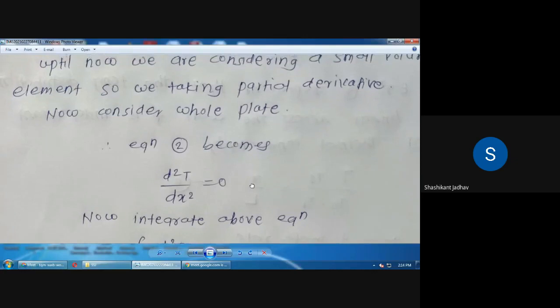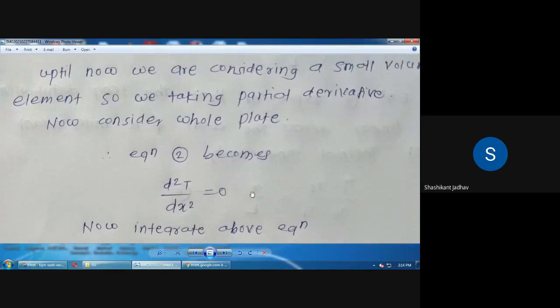Now integrate the above equation. Can anyone tell me what is the integration of d square t upon dx square is equal to 0?